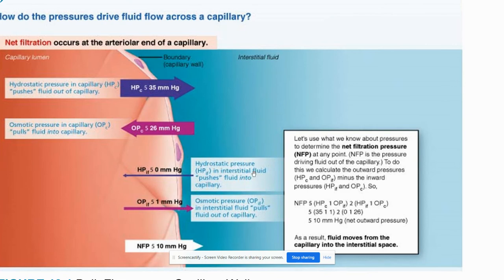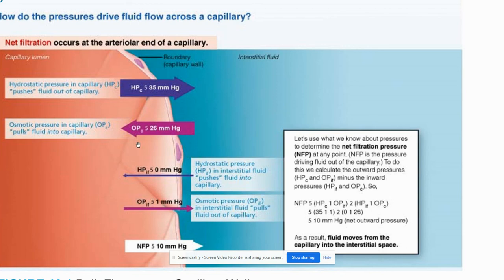And I'm not going to ask you to work out a problem on this, okay? But to calculate this, you would look at capillary hydrostatic pressure plus osmotic pressure of the interstitial fluid, which is 1. So 35 plus 1 is 36. I know this says 35, 1, and 1. There's a problem with this diagram. I don't exactly know what happened, but that should say plus 1 right there where my little hand is.